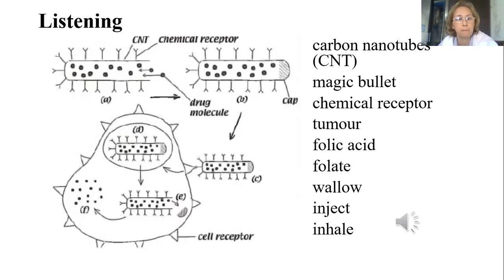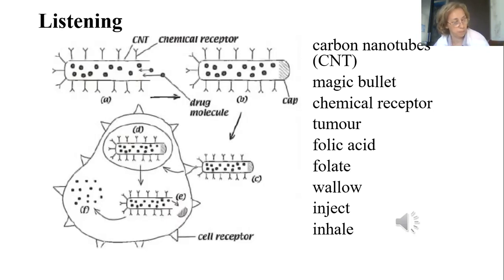For instance, if we want to target a tumor which overexpresses folic acid, then we attach folate receptors to the surface of the nanotube. Because folate receptors bind to folic acid? Yes, and then we encapsulate the drug in the tube. This is the part I'm most interested in. Up to now, a lot of different methods to get things into the cell have been tried, but I'm looking at just one of them in my paper.